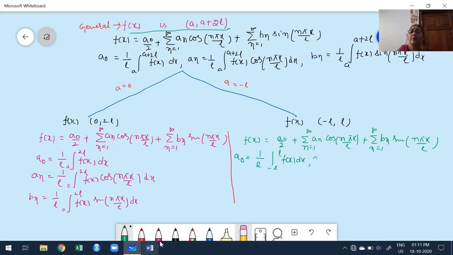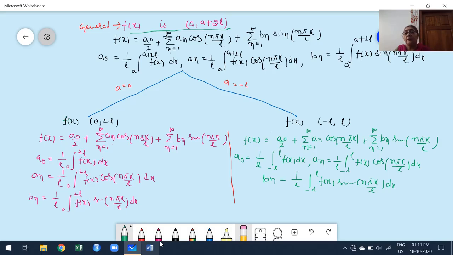The an formula is 1 by L, minus L to L, f of x cos of n pi x by L with respect to x. Similarly, bn is equal to 1 by L, minus L to L, f of x sin of n pi x by L with respect to x. These things you already know.